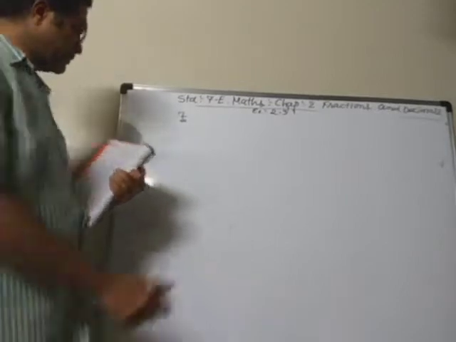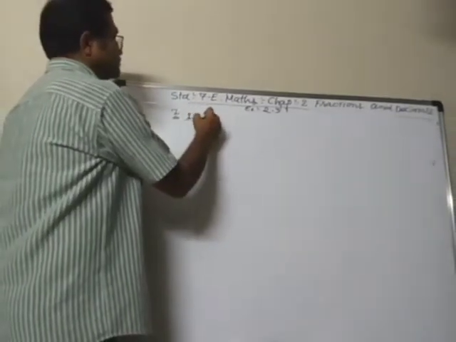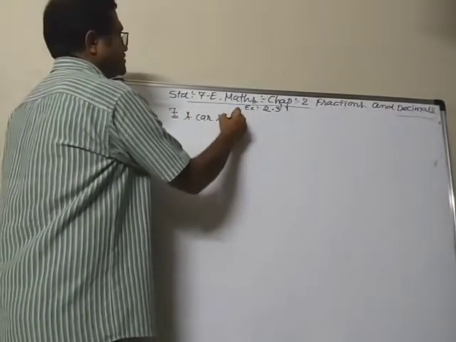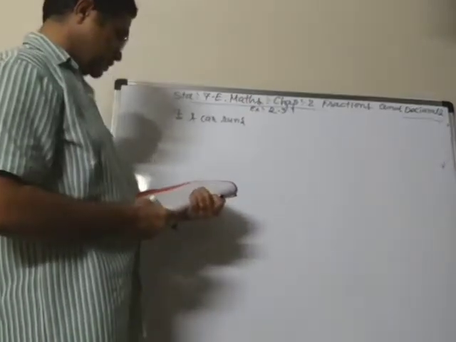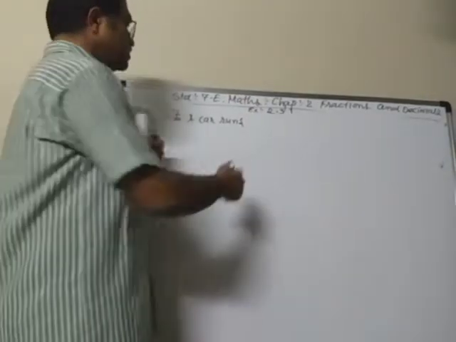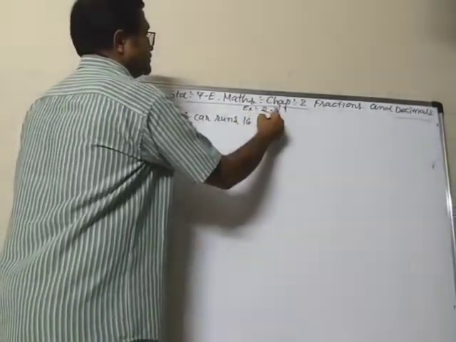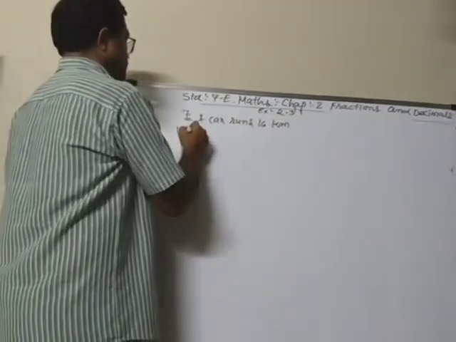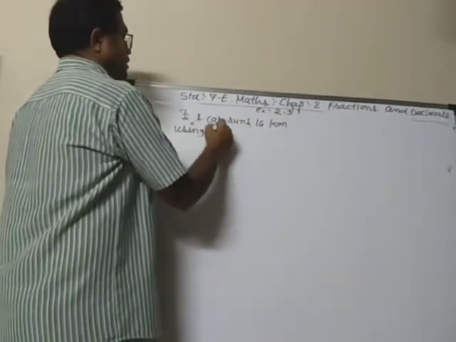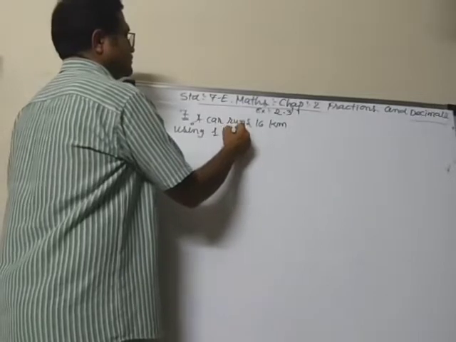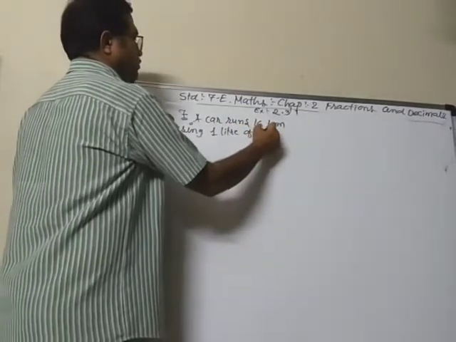Question number 7. A car runs 16 km using 1 liter of petrol.